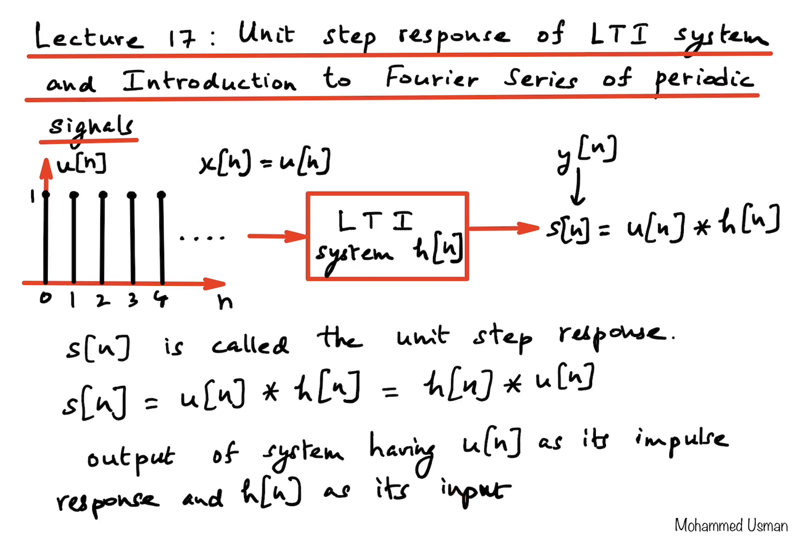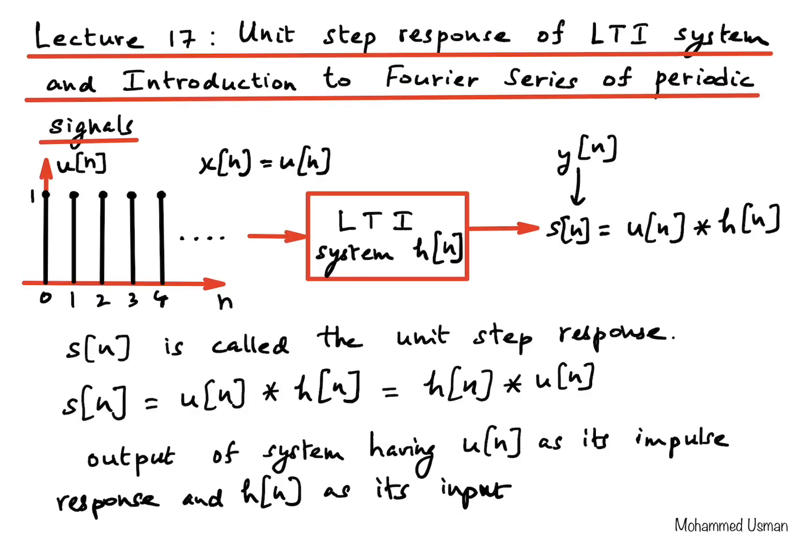If you recall the exercise I gave towards the end of last lecture, which is example 212 from the textbook, you will notice that a system whose impulse response is a unit step function, that is, a system having u of n as its impulse response, is nothing but an accumulator or an adder, right?